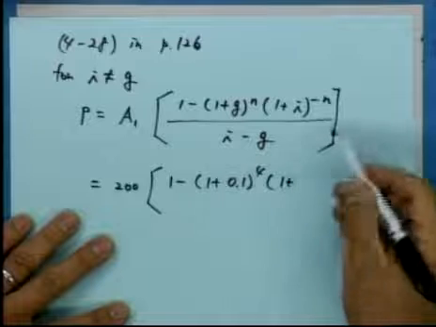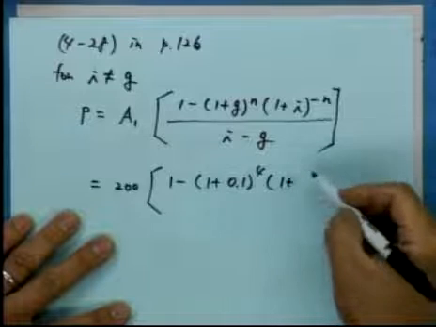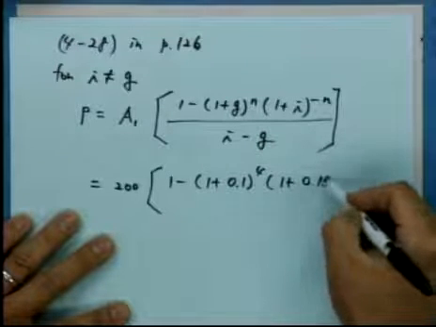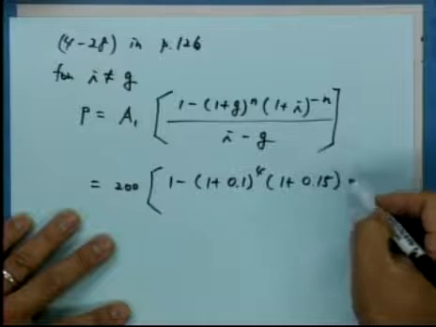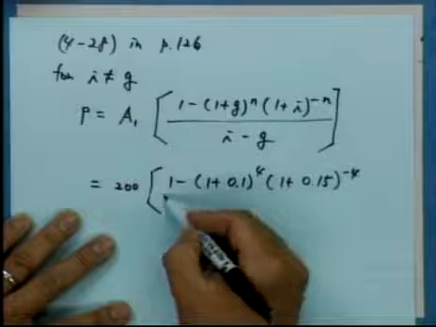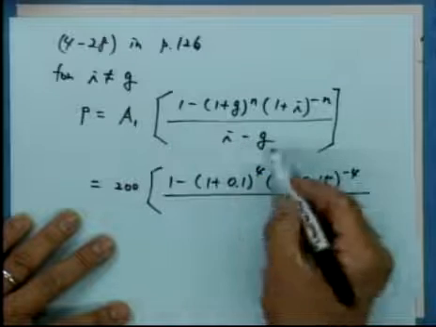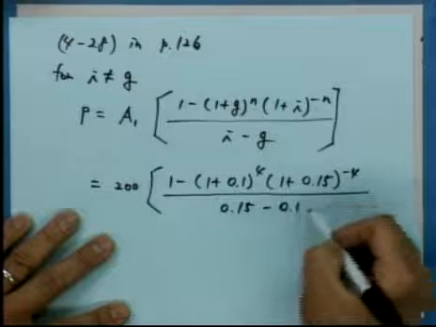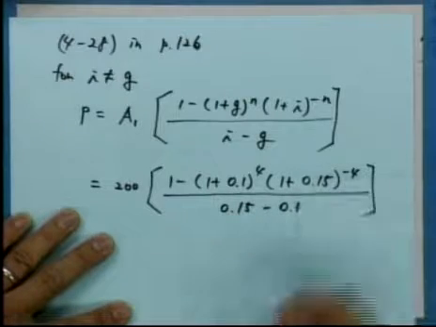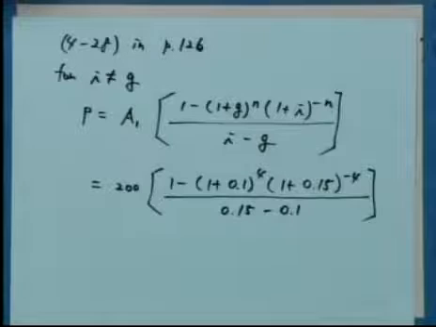Times 1 plus I, given as 15%, so 1.15 to the power negative n, so negative 4, over I minus G, 0.15 minus 0.1. Okay? So what is this value?